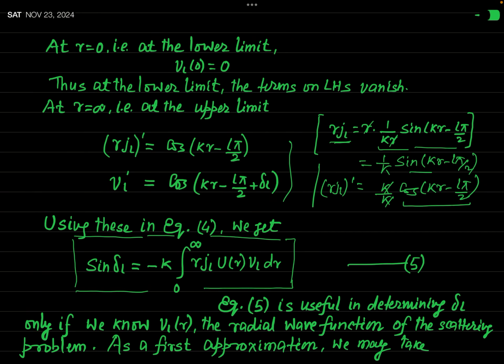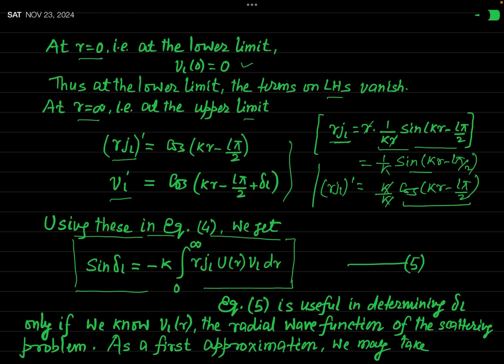So you can see I have mentioned that at R equal to 0, that is at the lower limit, VL at R equal to 0 is 0. It means at the lower limit, the terms on the LHS vanish. But at R equal to infinity, that is at the upper limit, what will be the value of RJL dashed and VL dashed?